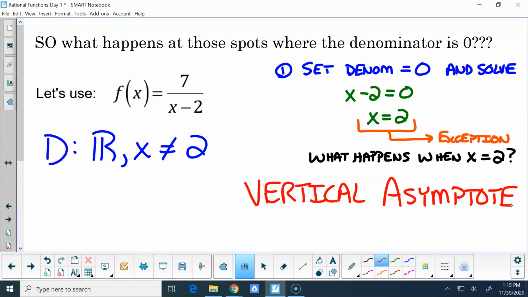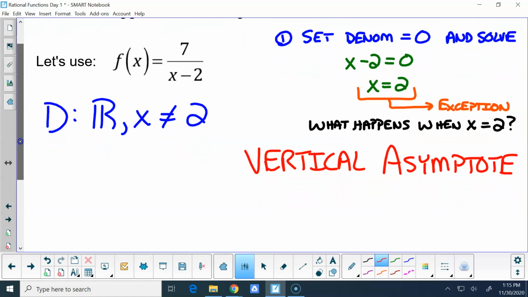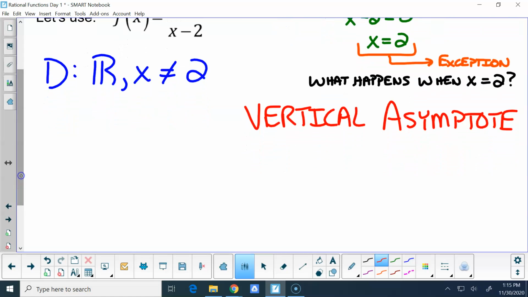Let's talk a little bit about those vertical asymptotes. First off, a vertical asymptote is a line. So it needs to be in line form whenever we're talking about it.